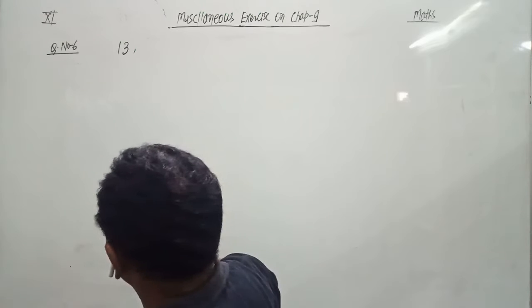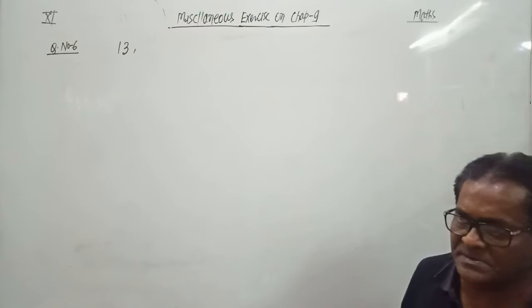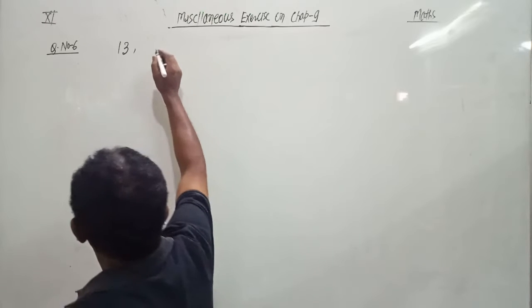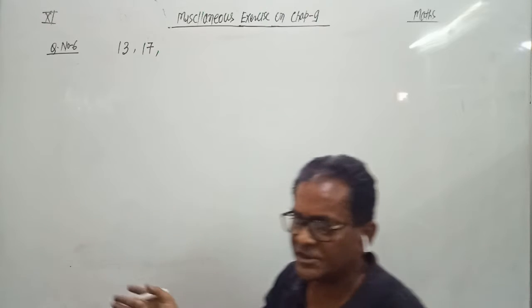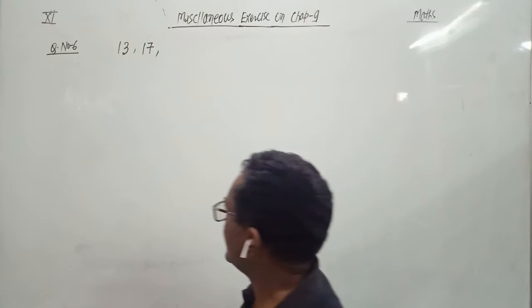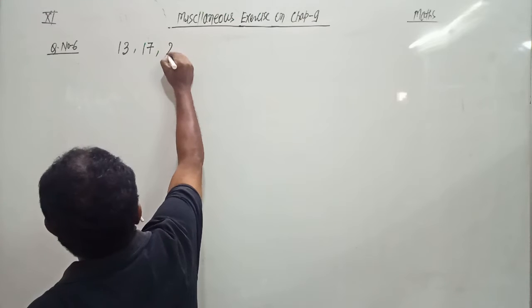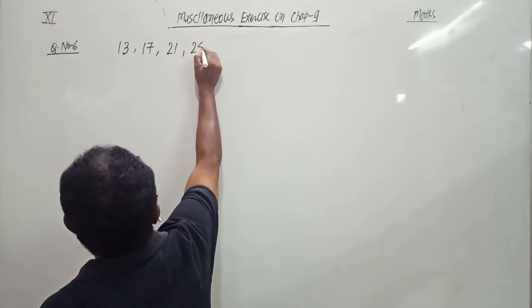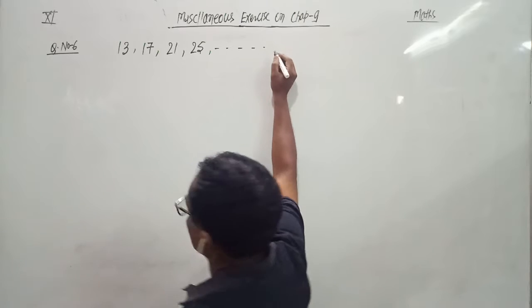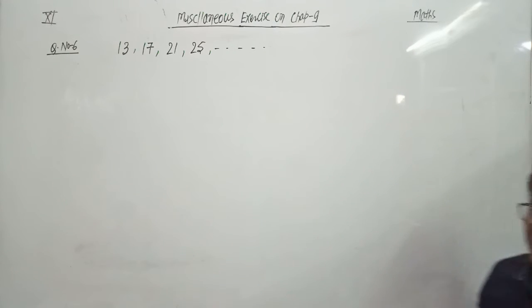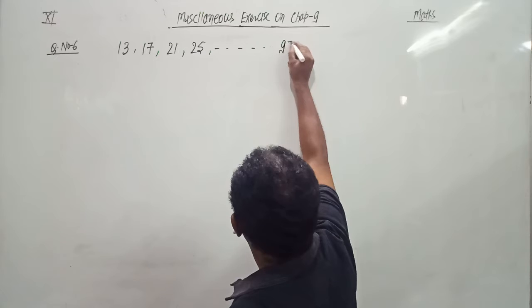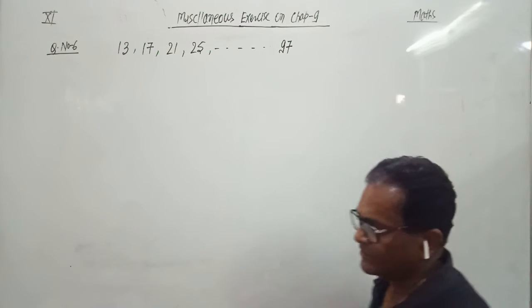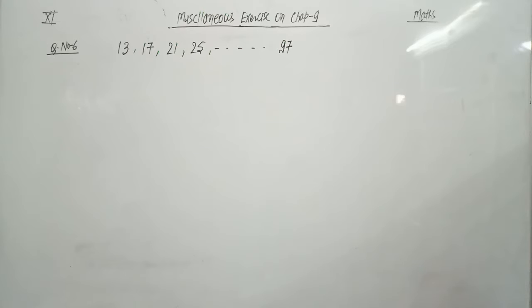The second two-digit number which when divided by 4 gives a remainder 1 would be 17. 4 fours are 16, the remainder comes to be 1. Then the next number will be 21. Then 25. And the last two-digit number which when divided by 4 gives the remainder 1 is 97. When 97 is divided by 4, it gives a remainder 1.